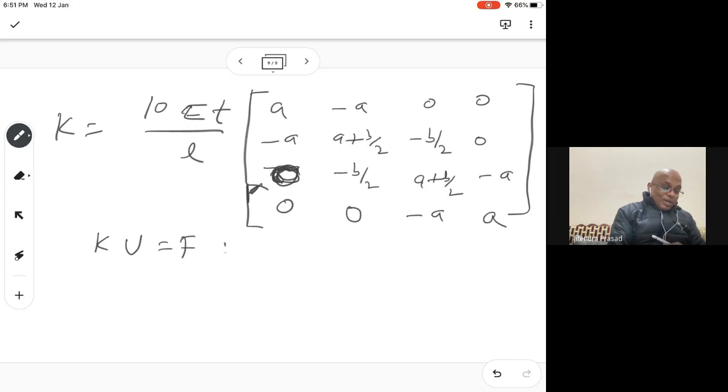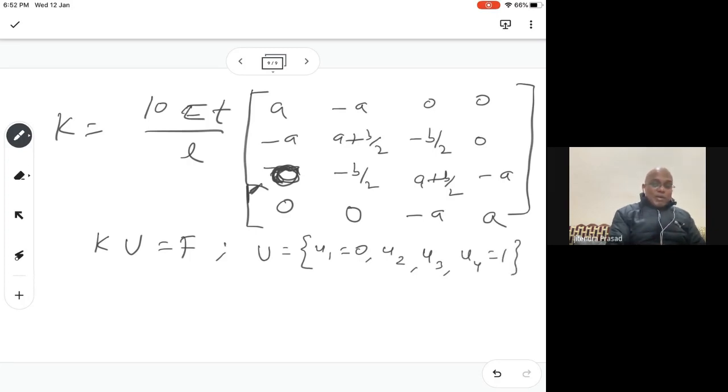where U is nothing but the first is fixed. So u1 equals 0, then you don't know what u2 is, you don't know what u3 is, and u4 is equal to 1. Remember, what is the problem? You have to find out the equivalent stiffness. And how are you finding it?